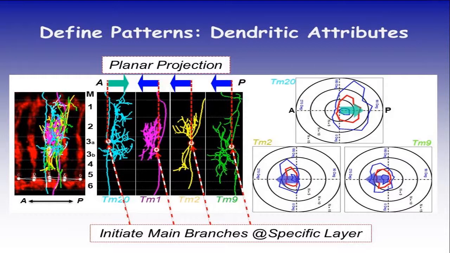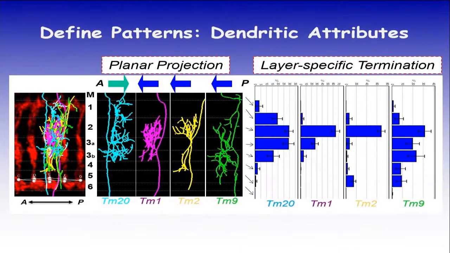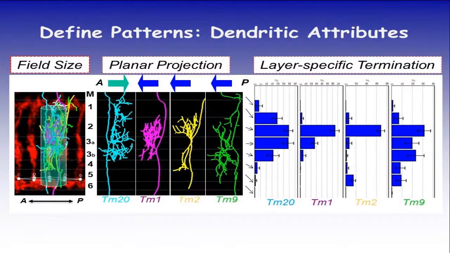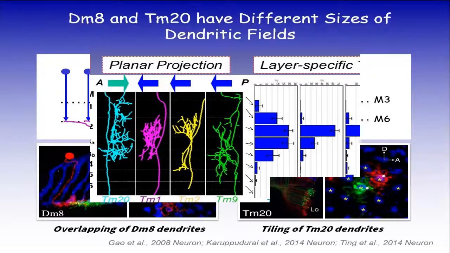So they have a planar projection difference. And finally, the last bit that I already described, they elaborate to different layers, which allows them to receive different information from different afferents. Okay, and these neurons all restrict their dendritic arbor into a single column where they process a single pixel of information. Okay.